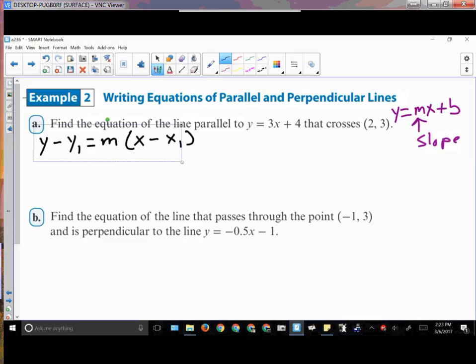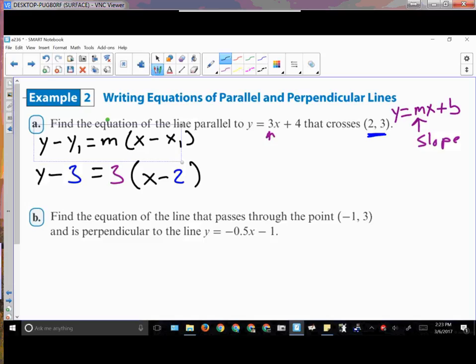So we're going to start off here. y, need that, minus y1. Well, it's supposed to go through the point that is right here at 3, 2. So y minus 3 is going to be equal to, what's my slope? Well, the slope has to be right there, so we know that's going to be 3, x minus x1, which is 2.